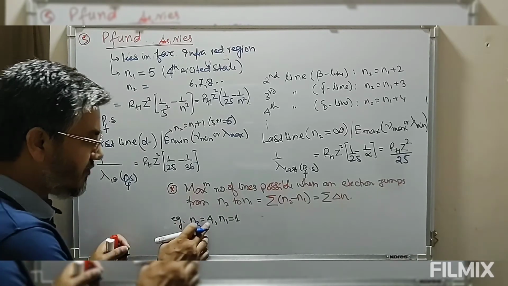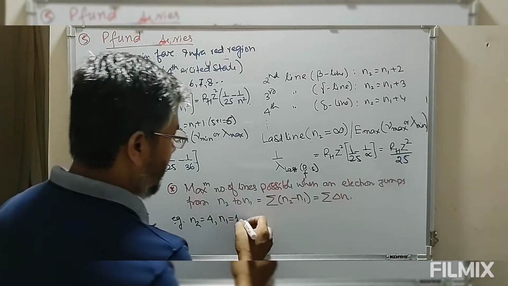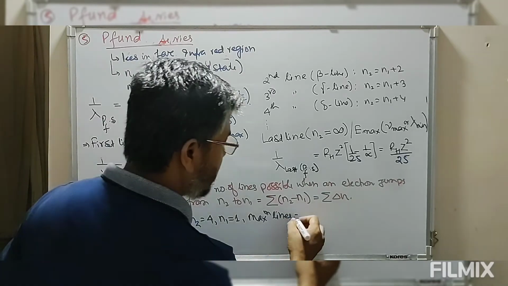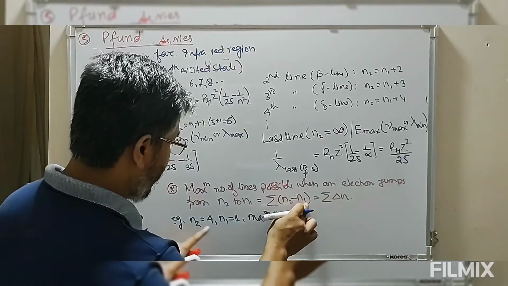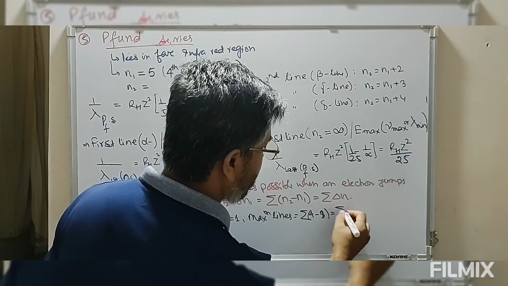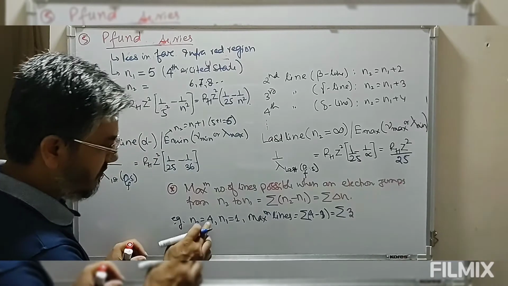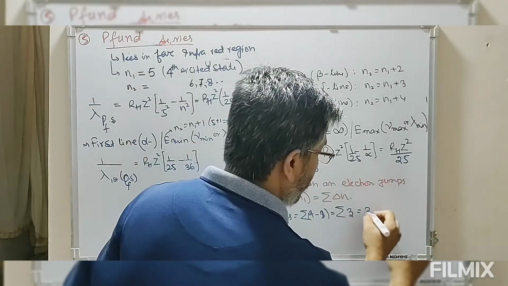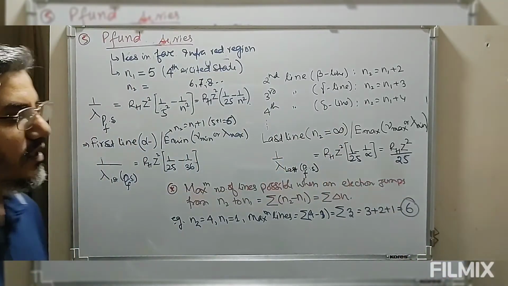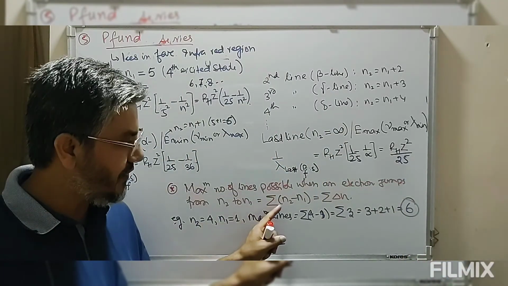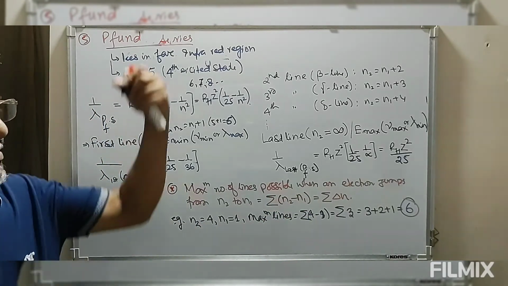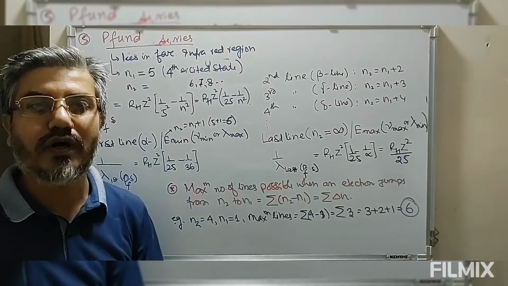So the maximum lines possible, maximum transitions, this is equals to summation of N2 minus N1. N2 is 4, 4 minus 1. So this is equals to summation of 3. 4 minus 1 is 3. So this is 3 plus 2 plus 1. So we have total 6 lines possible. So this is the meaning of the summation of N2 minus N1, which is the maximum number of lines that could be observed when electron is coming from any higher level to the lower level.